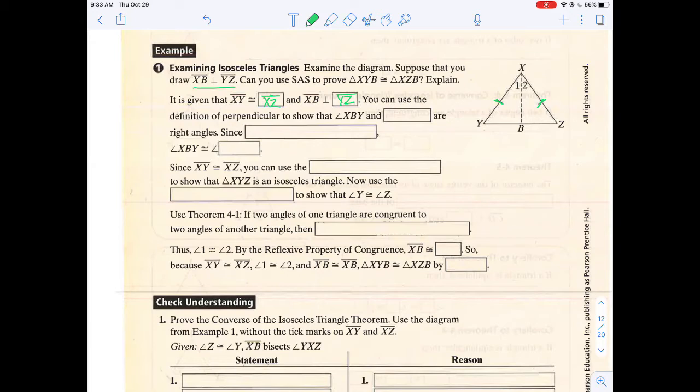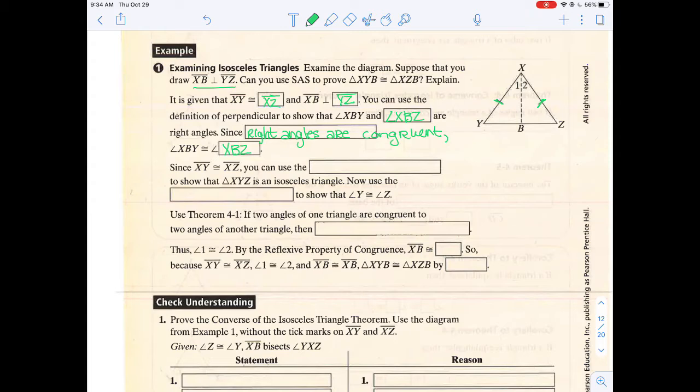You can use the definition of perpendicular to show that angle XBY and angle XBZ are right angles. Since right angles are congruent, we know angle XBY and XBZ are congruent.